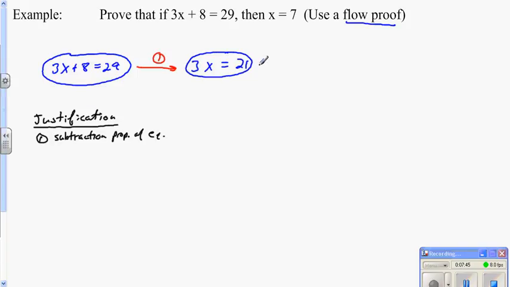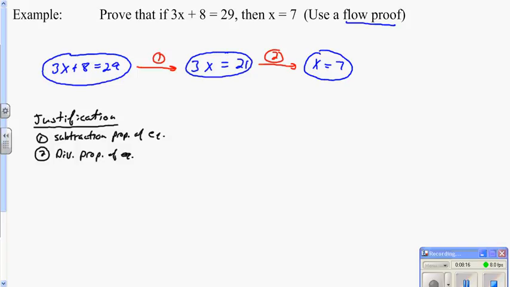All right. Our next thing would be to divide both sides by 3, right? So that would be the division property of equality. And that would leave us with x equals 7, which is what they wanted us to prove. And that's a flow proof.